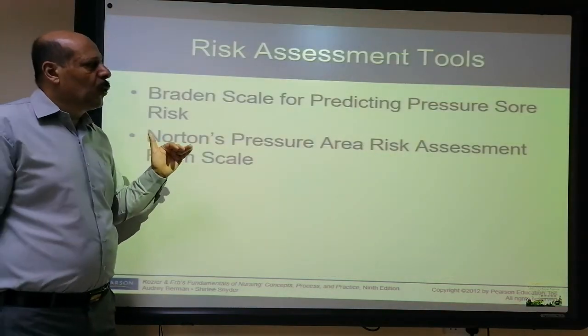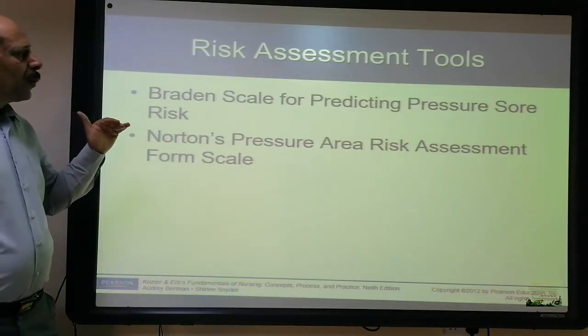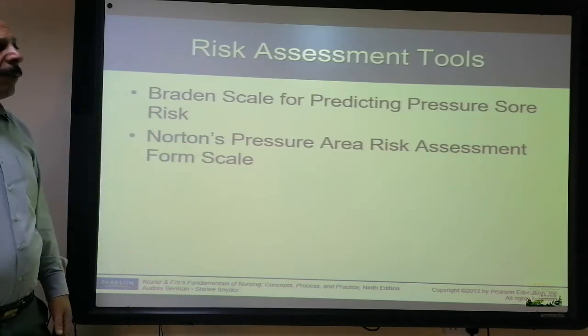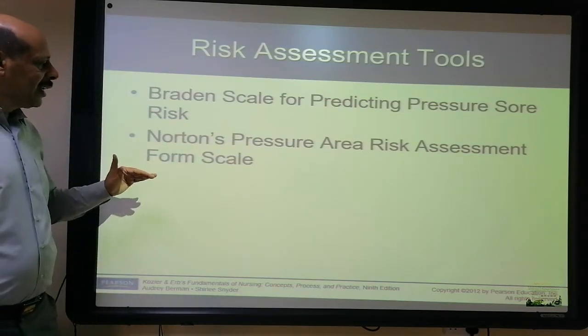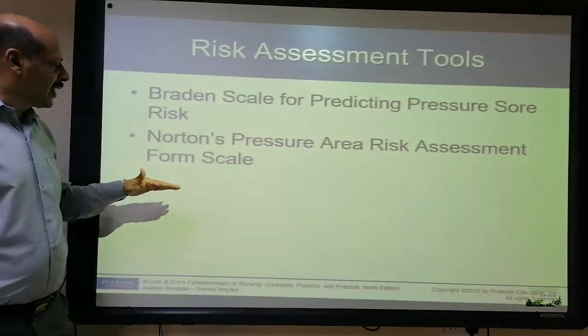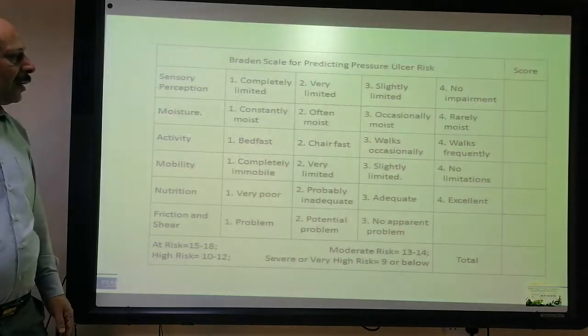Risk assessment tools for bed sores. There is what we call the Braden scale for predicting pressure sore risk, and there are also the Norton score and other risk assessment scales.